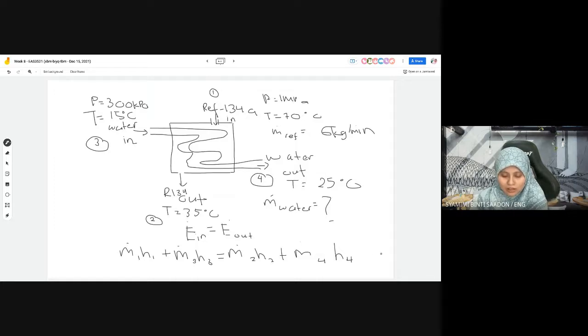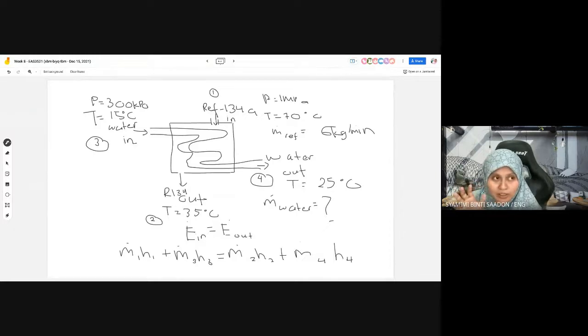Okay, so just now we have the mass given for refrigerant. The mass given here for refrigerant, 6 kilogram per minute, is the total mass of the refrigerant. So we assume from conservation of mass that the mass is being conserved.